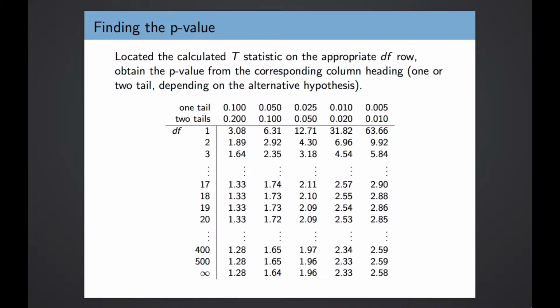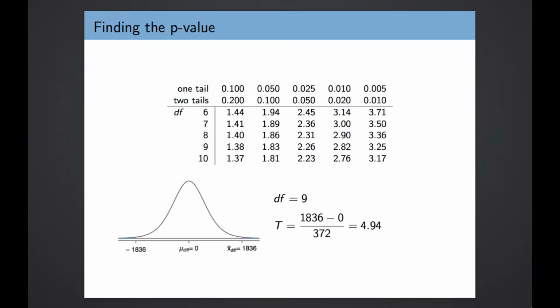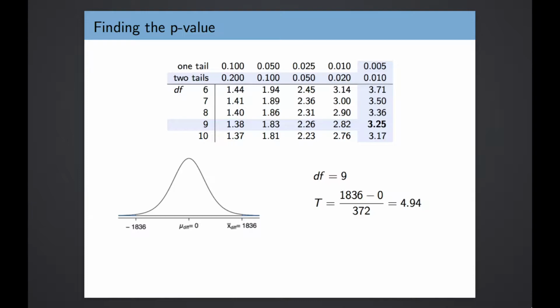So let's consider how we would use a t-table to find a p-value in our particular example. So recall that we have 9 degrees of freedom. Our sample size is 10, we subtract 1 and that gives us 9. And we found a test statistic of 4.94. So we're going to be looking at the row for 9 degrees of freedom.